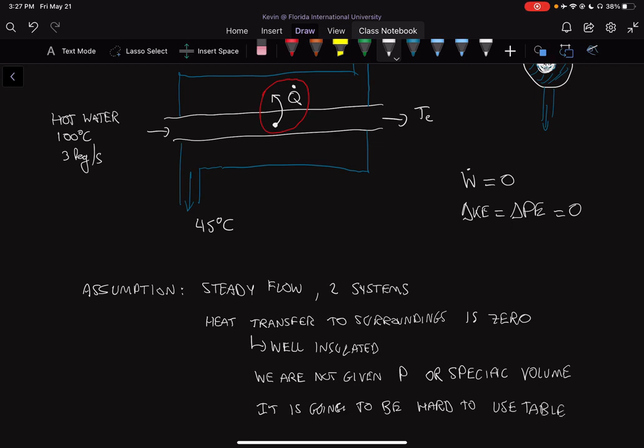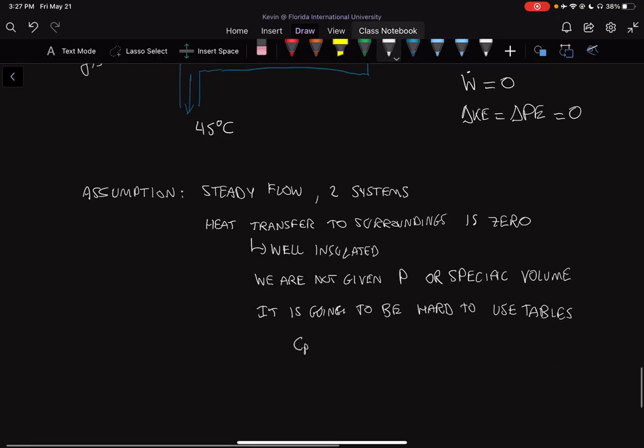So this is one of these special cases where we're going to actually be using CP for water. We're going to be using our definition that H2 minus H1 is equal to CP times (T2 minus T1), as opposed to using the tables. The reason is, first of all, that the problem tells you what CP is. That's the first hint. The second hint is that we only have one property of the water at the entrance and one property of the water at the exit.